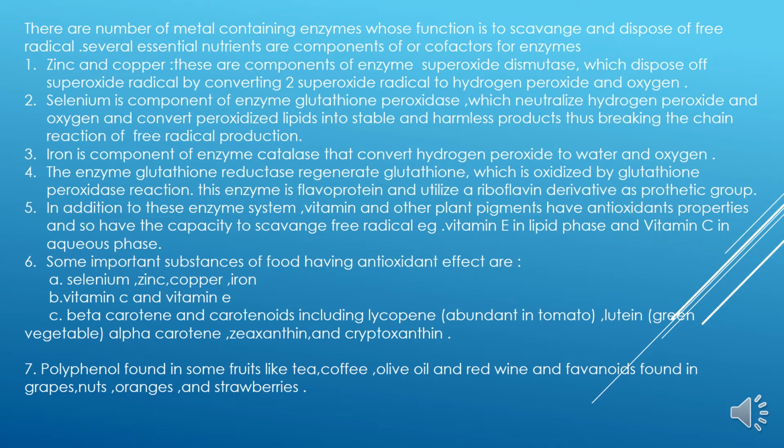Some important substances in food having antioxidant effect are selenium, zinc, copper, iron, vitamin C and vitamin E, beta carotene, carotenoids including lycopene, lutein, alpha carotene, zeaxanthin, cryptoxanthin. Then polyphenols. They are found in tea, coffee, olive oil, red wine, and flavonoids are found in grapes, nuts, oranges, strawberries.